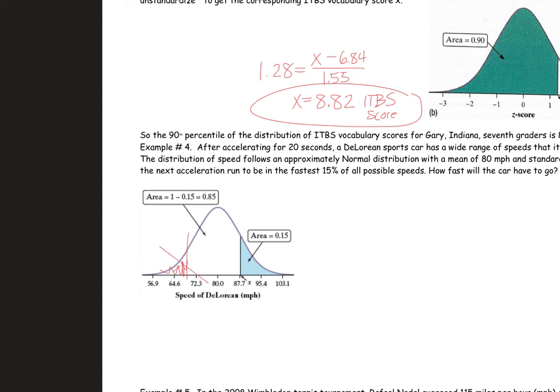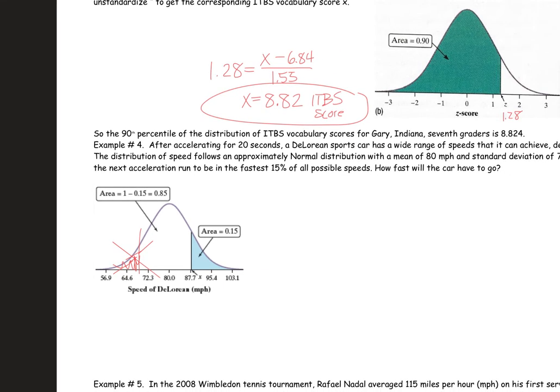So we'd want to be very careful on which side of the graph we're marking, because on the problem we're working on, I'm going to get a positive z-score. However, if I make the mistake of marking 15% on the graph, I'm going to get a negative z-score. So in other words, top 15% means that we're at the 85th percentile.